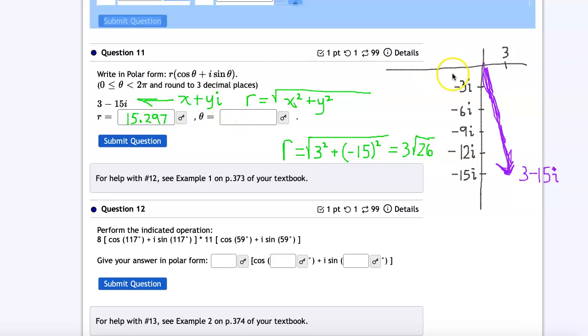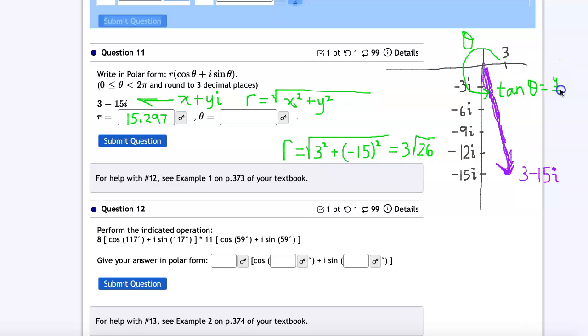Now your theta value runs from the positive x-axis all the way around, and we need this to be in radians, and between 0 and 2 pi. We can look here at the fact that the tangent of theta is equal to y over x.